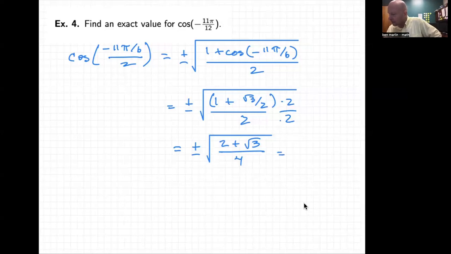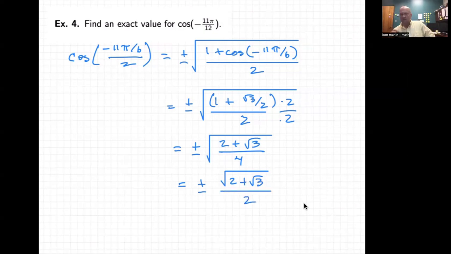And that's either plus or minus root of 2 plus root 3 all over the root of 4, which is 2. So we still need to figure out the plus or minus part, but we've got everything else done.